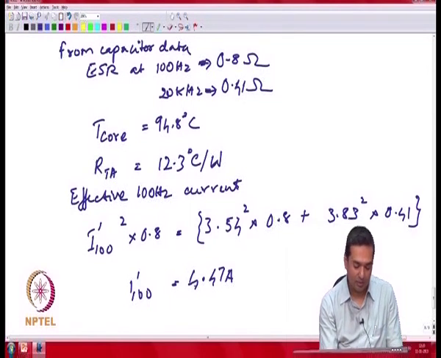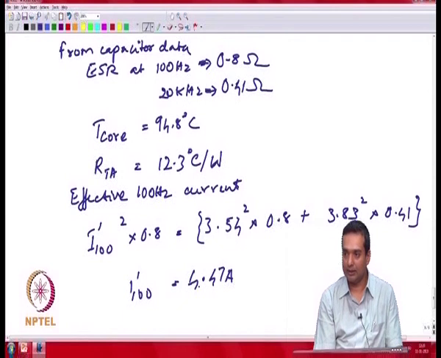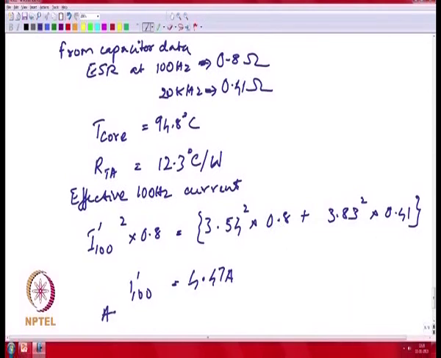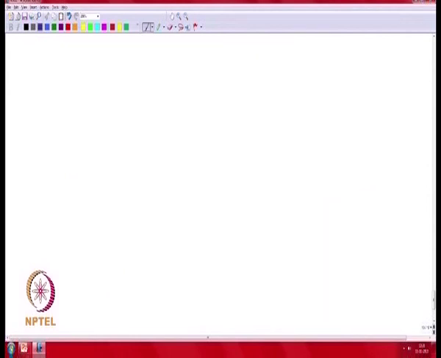So if we make use of this number by taking the 2 amps per capacitor as a design guideline, we would need roughly 3 capacitors.